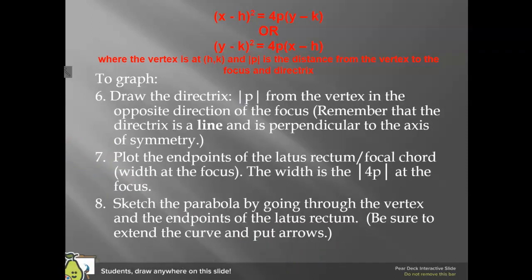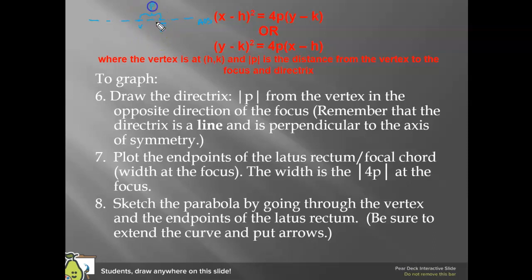Now, once you have your vertex and you have your focus and you've drawn your axis of symmetry, we need to figure out where is our directrix. Now, the beauty is, the directrix is the same distance away that the focus is.